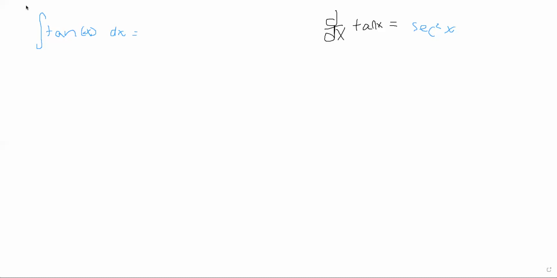But we also know that negative cosine x is equal to cosine x, I think. That's the part I'm not entirely sure of. I forgot the negative rules for the trig functions.